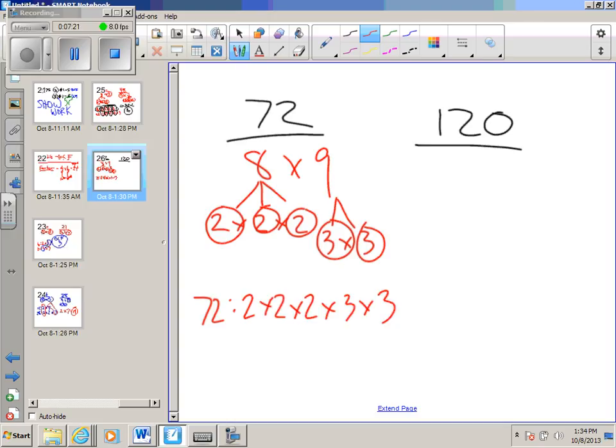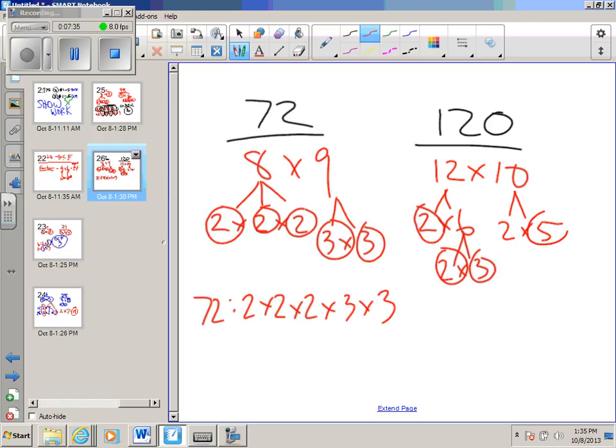Now 120. I would just go 12 times 10. 2 times 6. 2 times 3. 10. 2 times 5. It's going to be extremely important to keep track of what you have. How many 2s? 1, 2, 3.